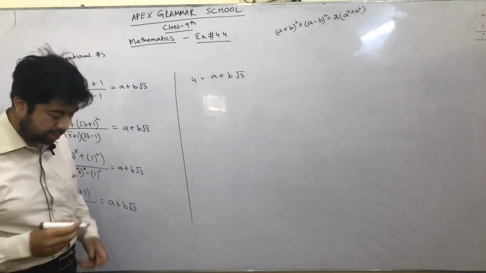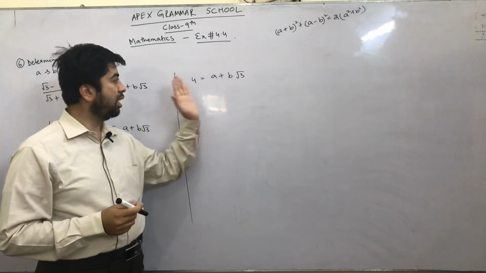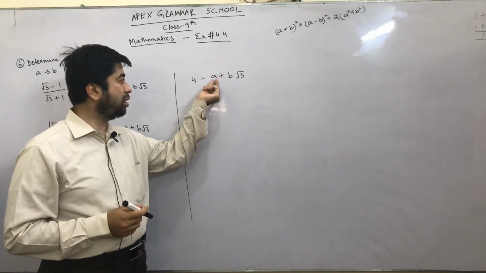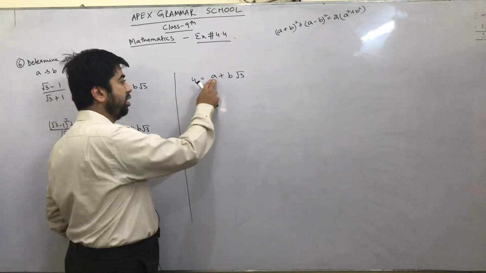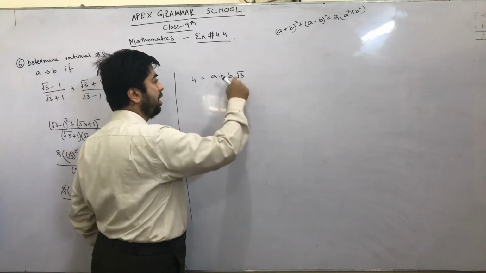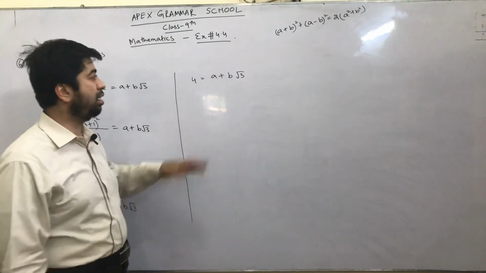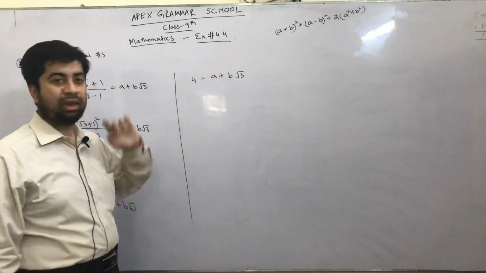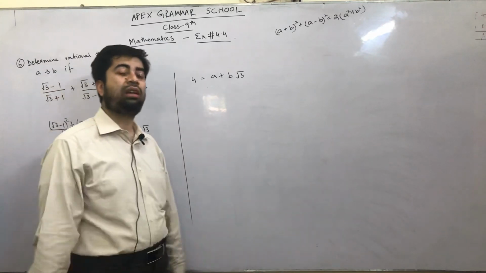So see that this is an equation, compare it. On the right hand side we have a rational part A and a B part. You can see that A is rational and the B part contains an irrational number. So rational part will be equal to rational part and irrational part is equal to irrational part. You see that on the left hand side there is no irrational number.